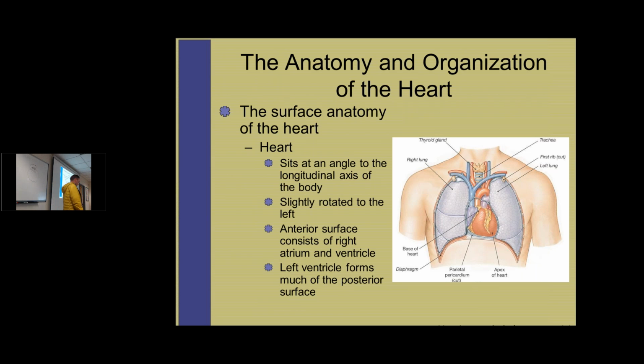It's kind of rotated to the left, so that if you were to stab the heart from the chest, you'd be stabbing what most likely? Right atrium or right ventricle. Good, because of that rotation. The left ventricle, which is the larger, more muscular ventricle, is kind of rotated in the posterior, so it's really protected.